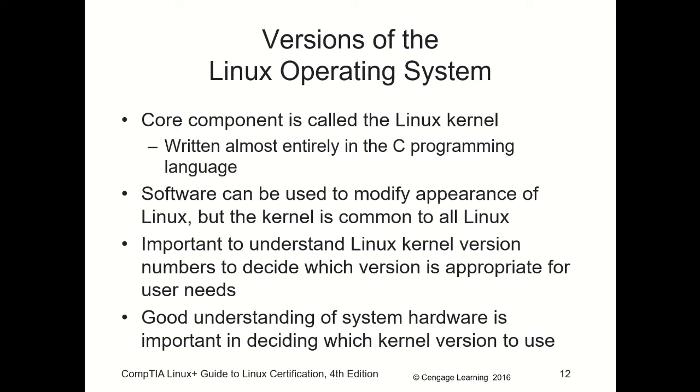And the beauty is that it is open source, meaning you can get the source code of the entire operating system. Now, software can be used to modify the appearance of Linux, but the kernel is common to all Linux.